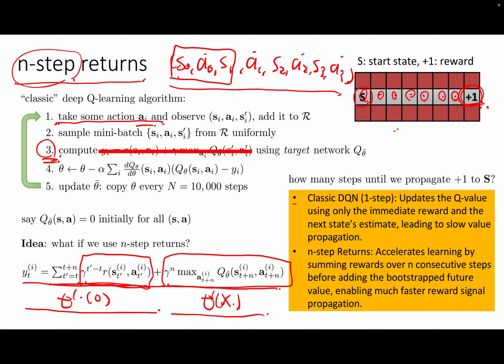So here is a comparison between the classic DQN and n-step returns. The classic DQN, 1-step, updates the Q value using only the immediate reward and the next state estimate, leading to slow value propagation. One step is also a special case of n-step returns. N-step returns accelerate learning by summing rewards over n consecutive steps before adding the bootstrapped future value, enabling much faster reward signal propagation.